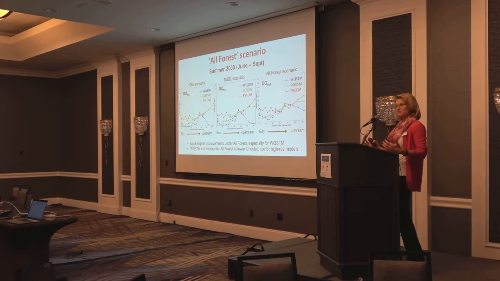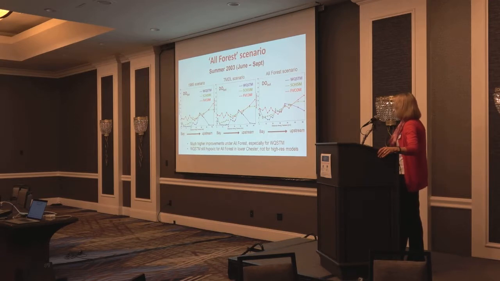So fortunately, if we turn all the watershed into forest, yes, we do see a change in the models. In particular, the regulatory model showed anoxia even under the TMDL here in the Chester River, but in the all forest the anoxia is relieved, though a considerable portion of the river is still under hypoxia.